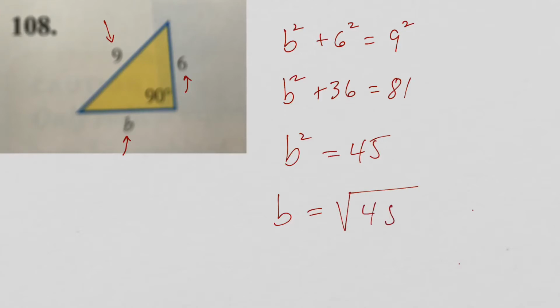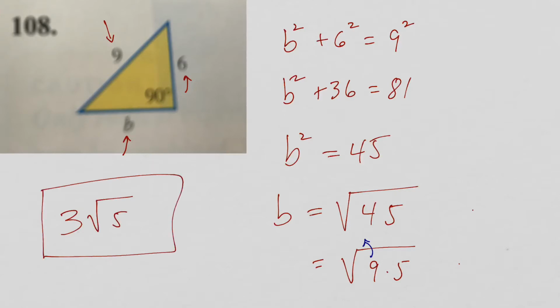So this is the square root of 45, which is the square root of 9 times 5. And when we take out a 9, that becomes a 3. So this is going to be 3 times the square root of 5. Notice I'm not putting any units on here because the original problem didn't have units. So this is a unitless answer.